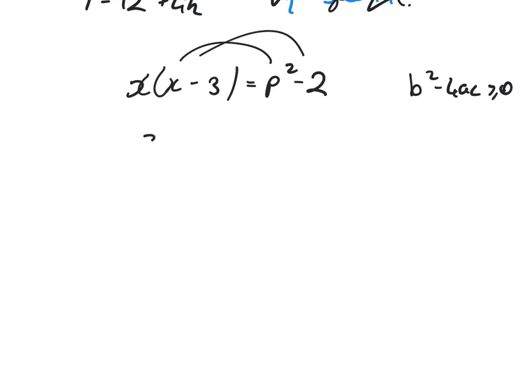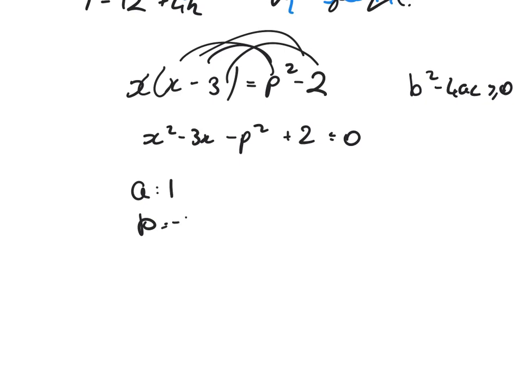So let's bring these across. That will be x squared minus 3x minus p squared plus 2 is equal to 0. So a is equal to 1, b is equal to minus 3, and c is everything else. That's minus p squared plus 2.